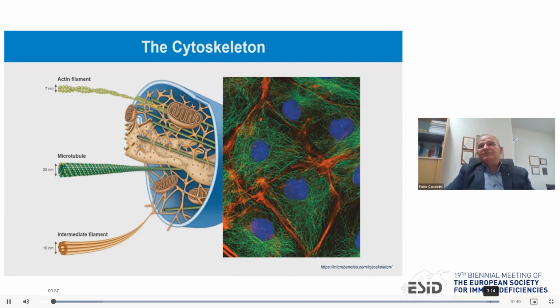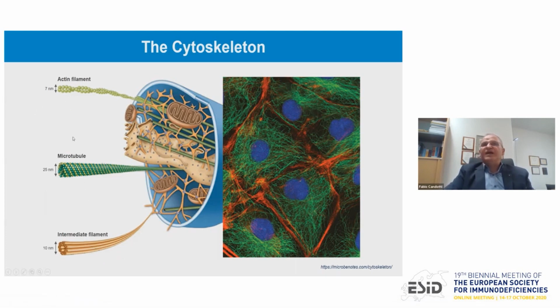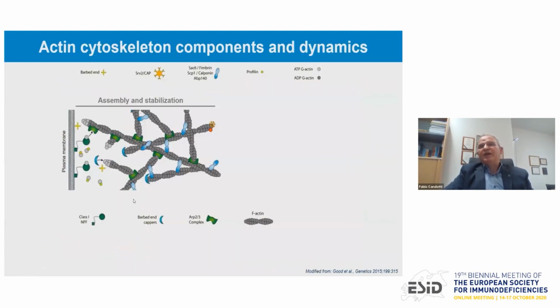Collectively, this system of fibers make up what is known as the cytoskeleton, which is composed of three main classes of filaments: the actin filaments, the microtubules, and the intermediate filaments. We will be talking mostly about the actin filaments and the actin cytoskeleton, which has become more and more relevant to the field of primary immune deficiencies.